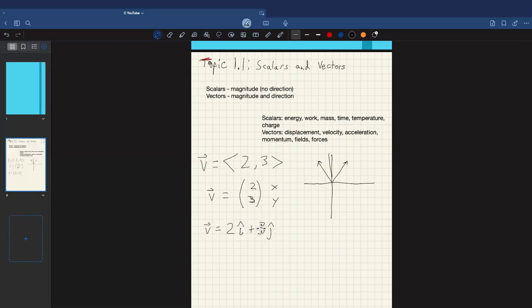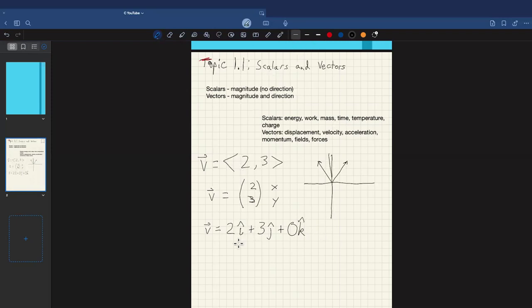And then you add 3 times j with a little funky hat on it. If you wanted to extend this to 3 dimensions, as might happen, and especially will when we get to E and M, in this case it would be 0. That's not an O, that's a 0, and then multiply that by a k with a hat as well.